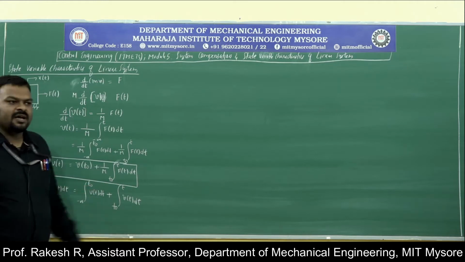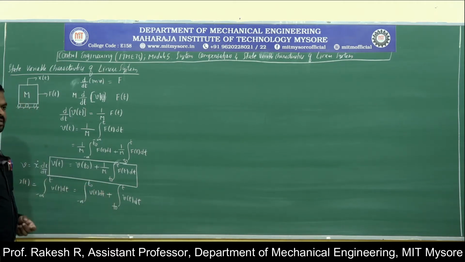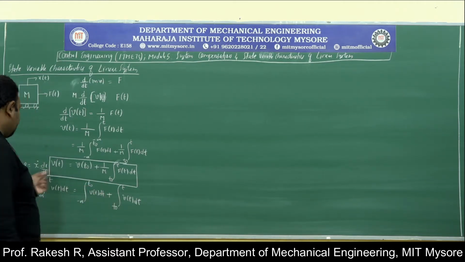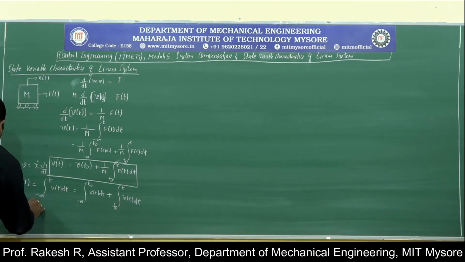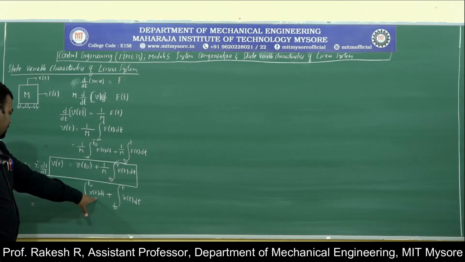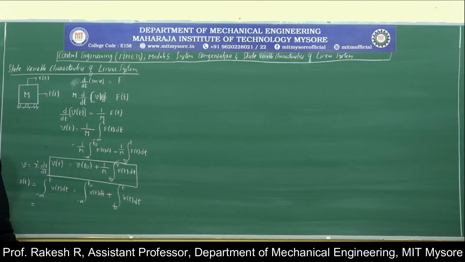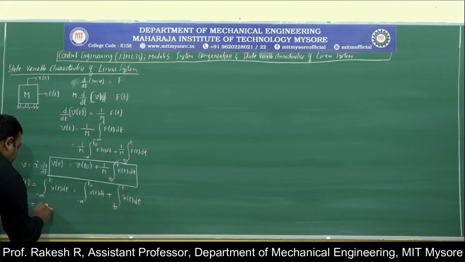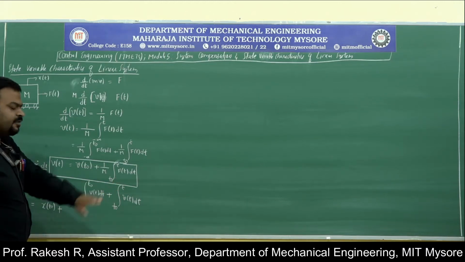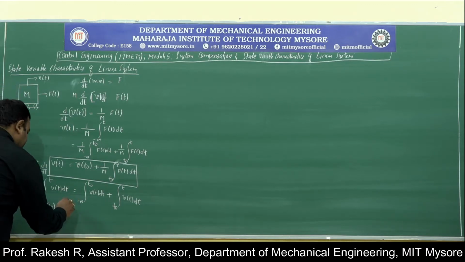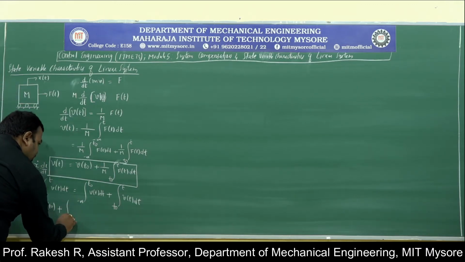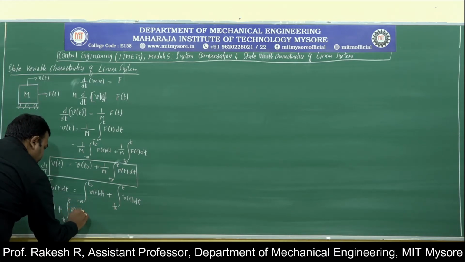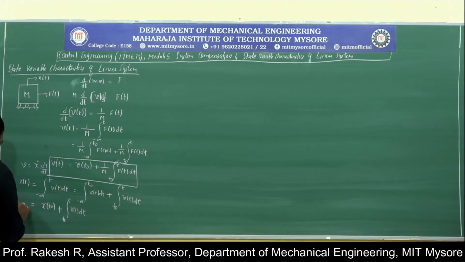I am representing x, that is displacement. The first term is the initial condition of displacement, so it will be x of t naught plus the integral of t naught to t of v of t dt. So this is x of t.